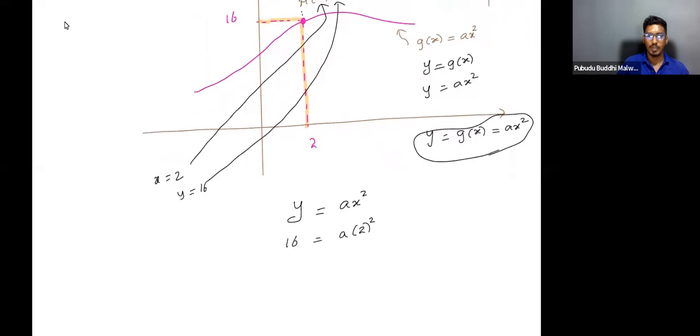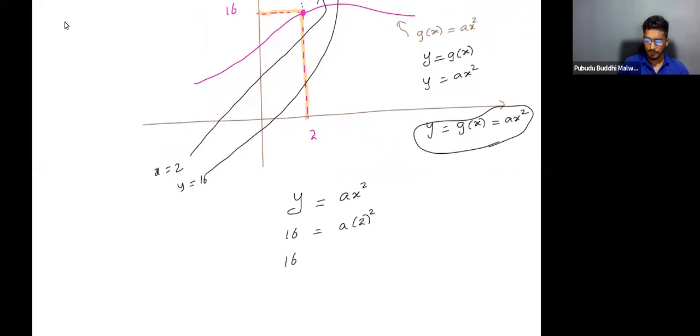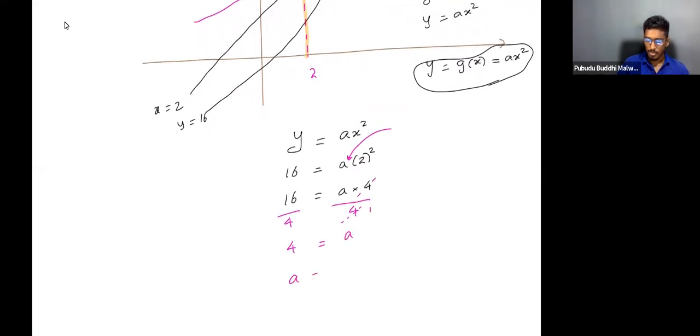Then solve for a. 16 equals a times 4, because that's the multiplication between a and 2 squared. Now we try to solve this one for a. So let's divide both sides by 4 to eliminate that 4. 4 equals a. 4 and 4 cancel. a equals 4.